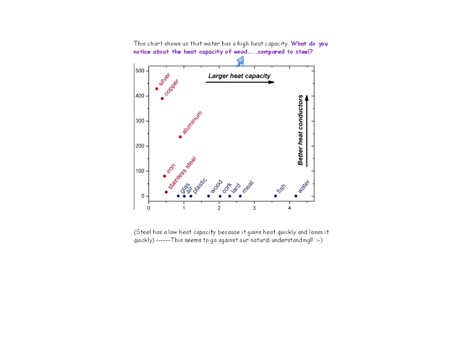Now when you look on the graph, what do you notice about the heat capacity of wood compared to steel? Which one would you say has a higher heat capacity?